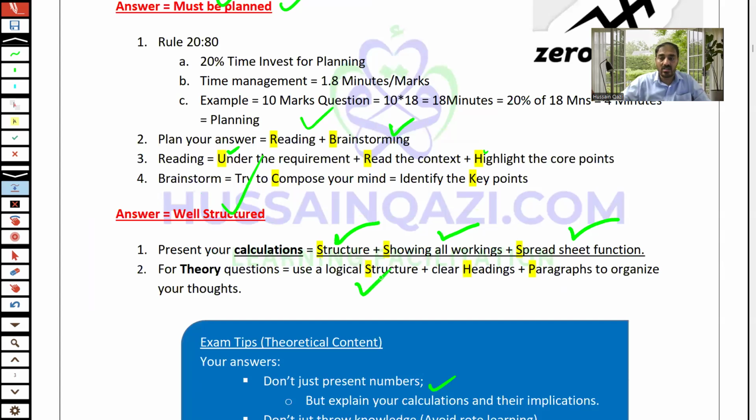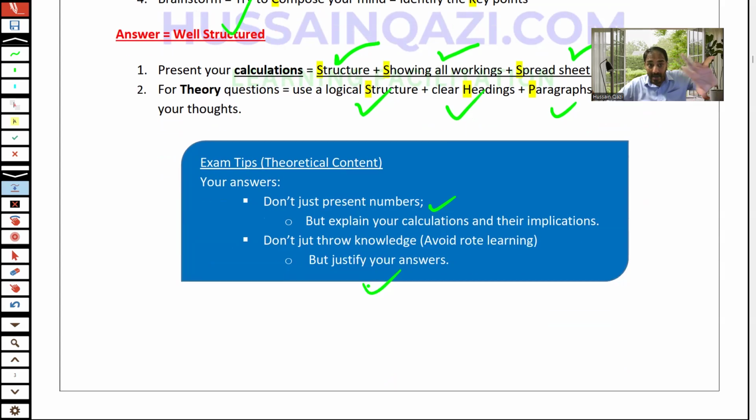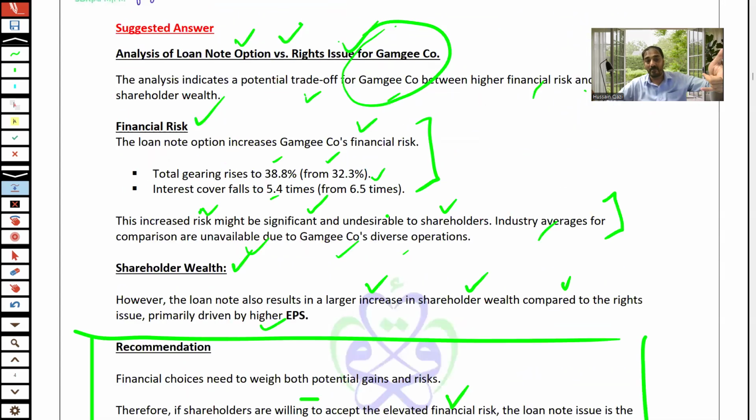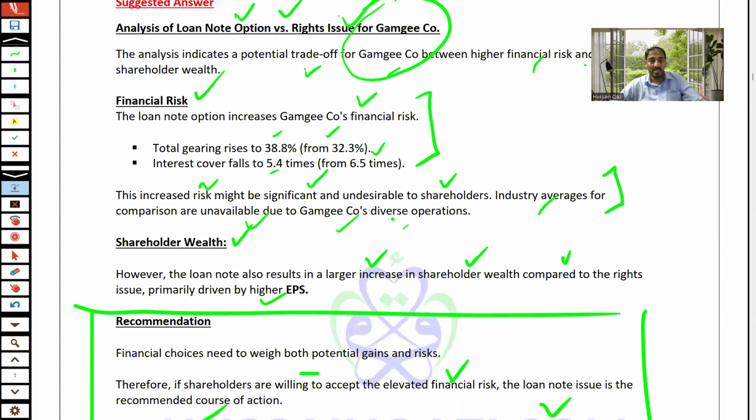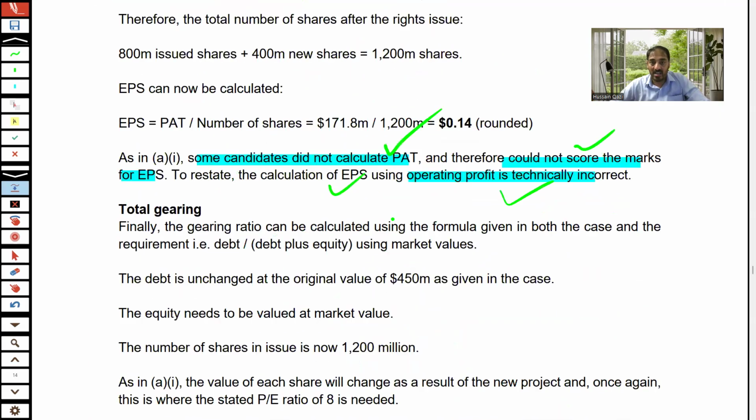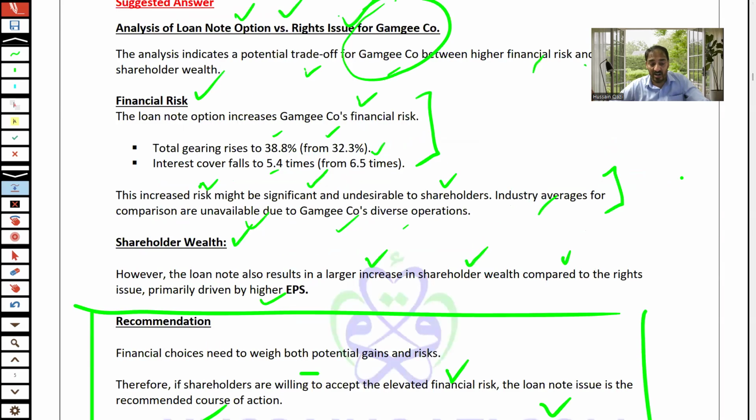That is a logical structure: risk versus returns. That's structure. Clear headings, and it's not about bullet points. It's paragraphs to organize the things. That's a point. Now, come on. Another point.